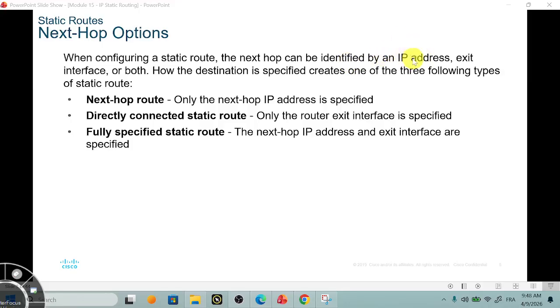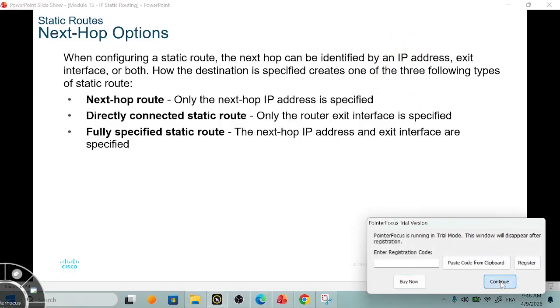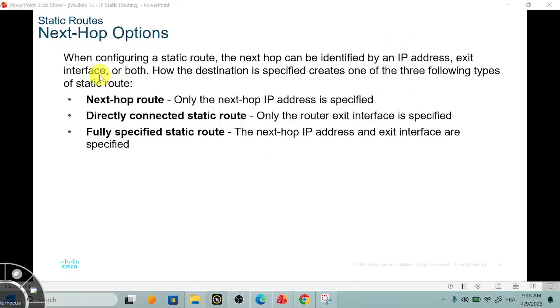We define it for sure by the IP address of the next hop device, router, or whatever, or the exit interface of our router that we are configuring, or sometimes we should define both of them, the IP address of the next hop and the exit interface of our router. How the destination is specified creates one of the three following types of static route.